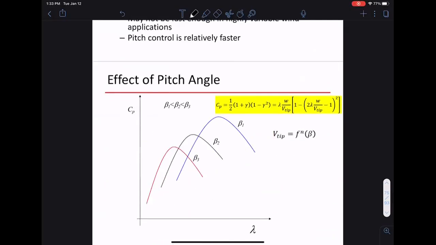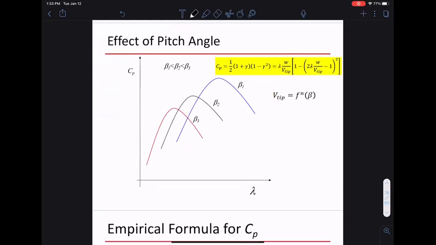If you look at the diagram, these different betas are the different pitch angles. The thing to remember is the tip speed ratio is a function of beta. By changing the pitch, I can get the blade to spin faster or slower.